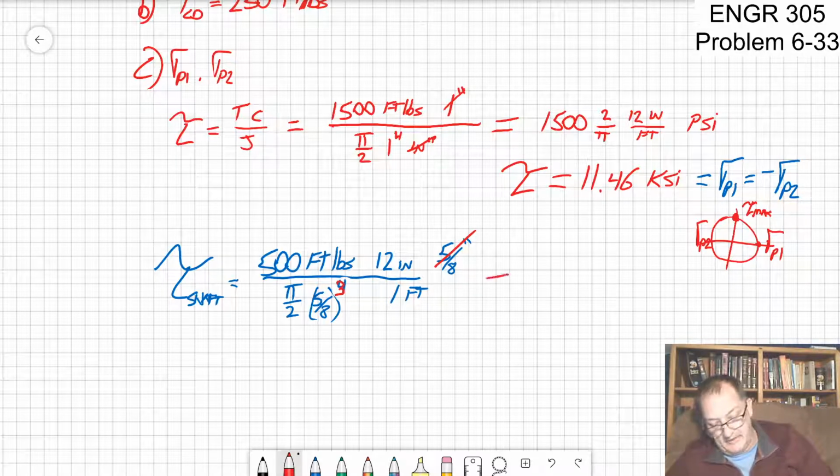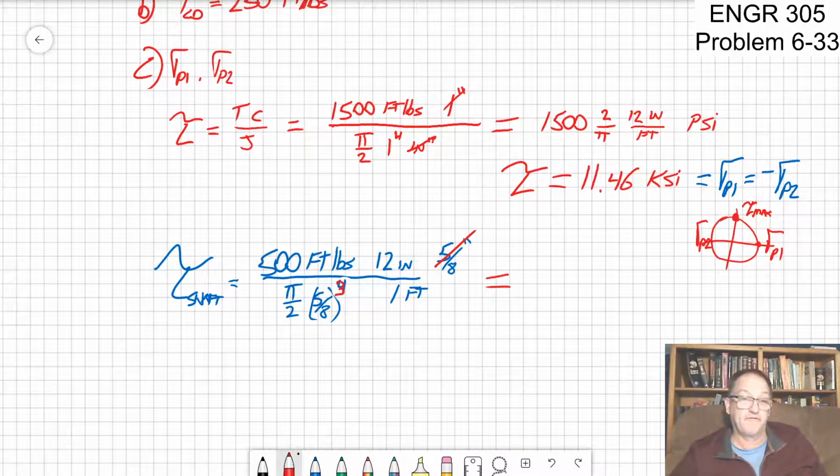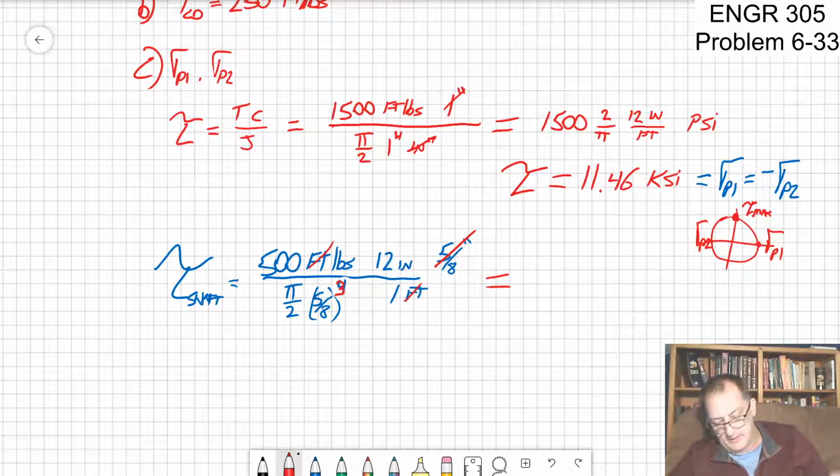Basically now this is the same as what I had before. 500 times 12, over pi over 2 times 5/8 cubed. My feet cancel with feet, and I've got pounds over inches cubed down there. It's all good.